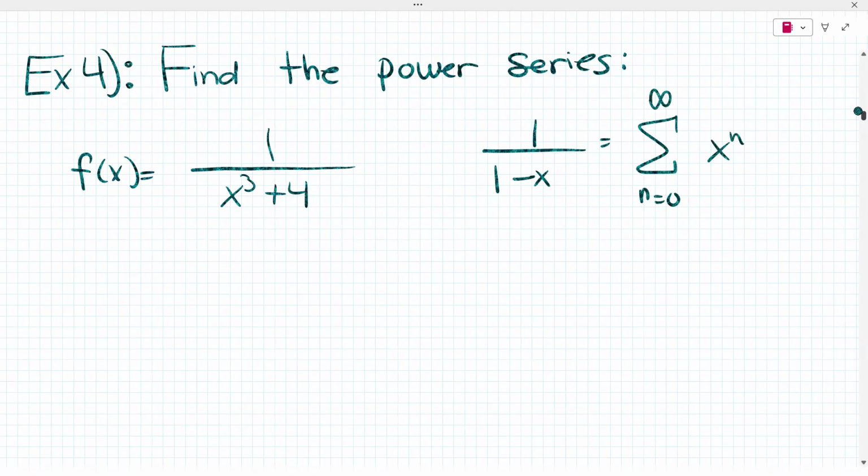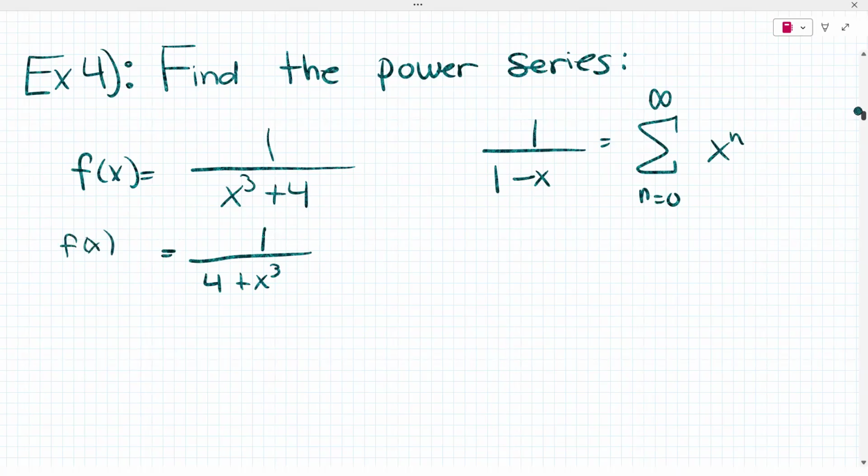What can we do? Maybe we could put that x to the right, so we can rewrite this as 1 over 4 plus x cubed. I don't know if that makes it easier for you, but it does for me.